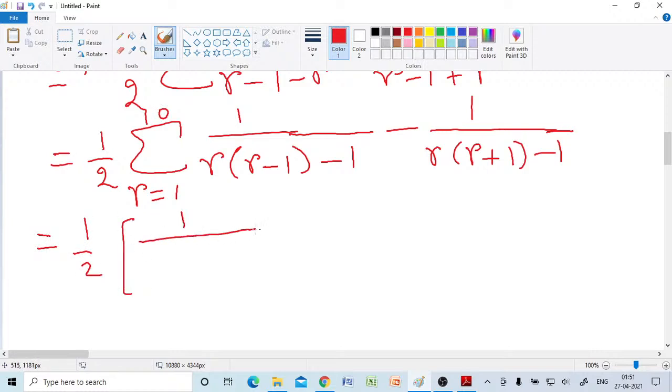For the first case, this will be 1 over minus 1 because this thing is 0, minus 1 over 2 minus 1, that is 1. Okay, fine. What else?